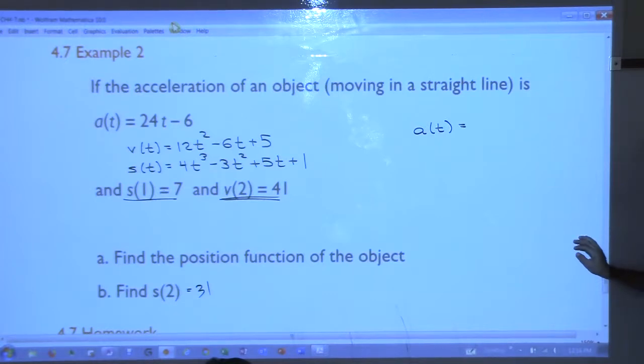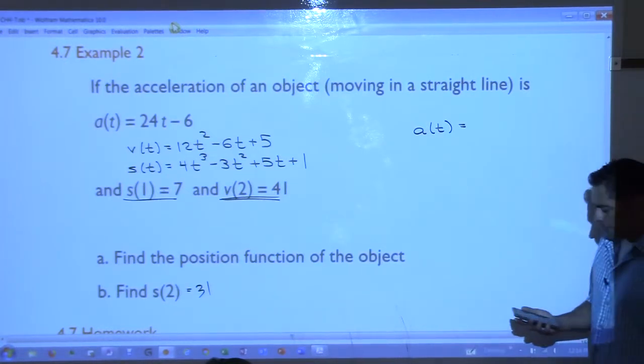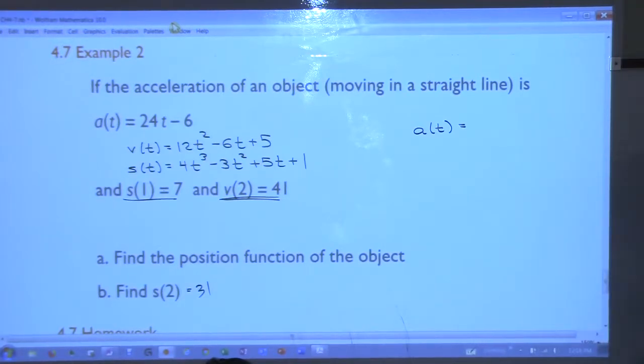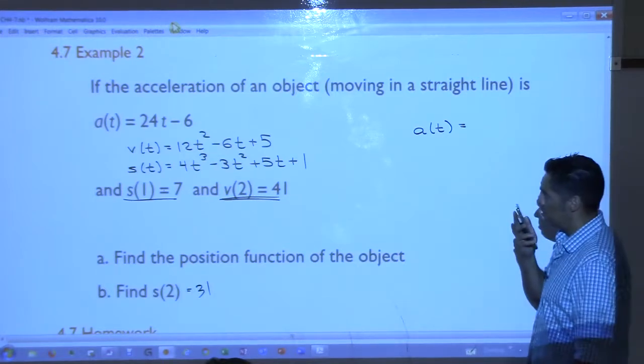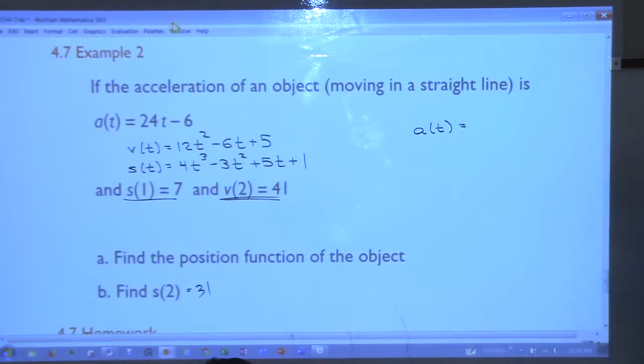Okay, I'll do it right here. 9.8 meters to feet. About 32 feet and some change, okay? About 32 feet, all right?